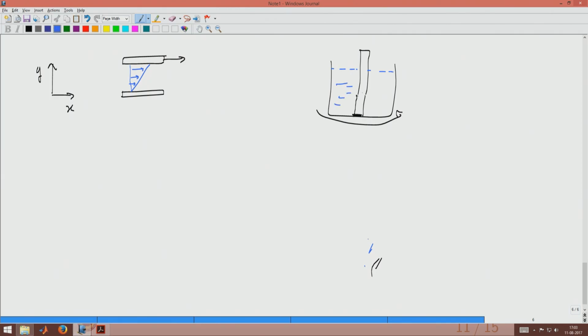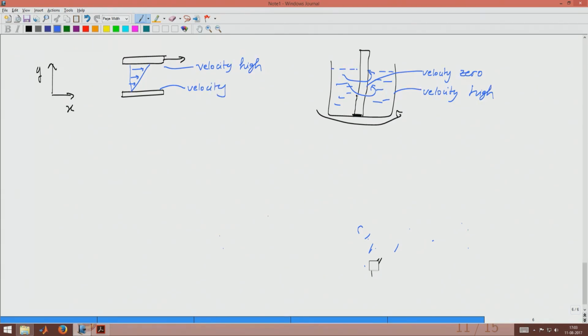Because the beaker rotates, now we will have rotational motion of the fluid itself. Everywhere the fluid will also rotate, velocity will be highest here, and at this point velocity will be 0. So, this is a very analogous situation because here velocity is high and here velocity is 0.